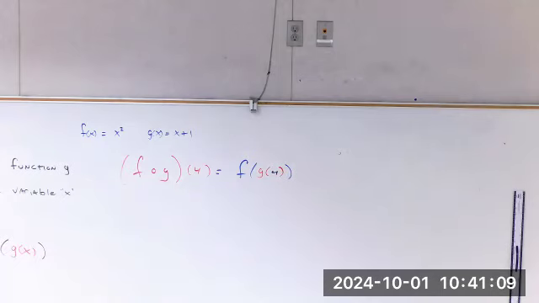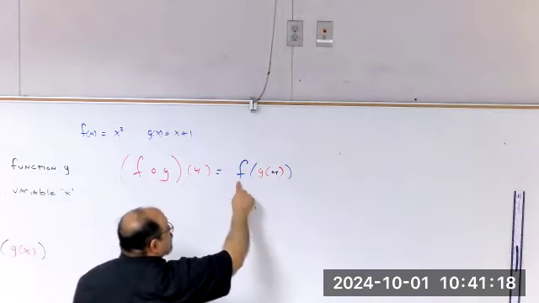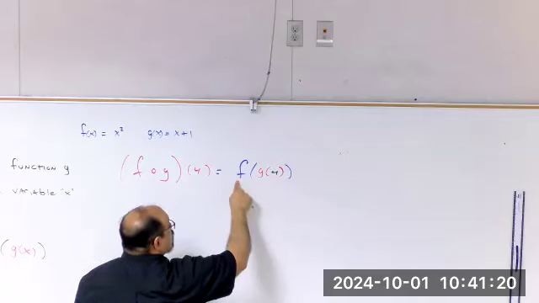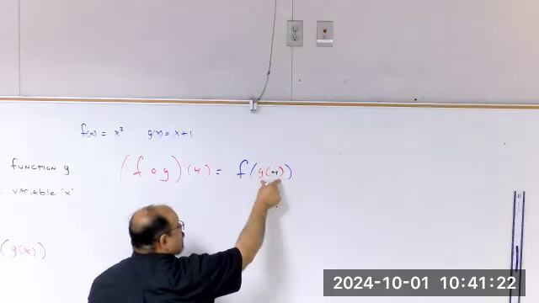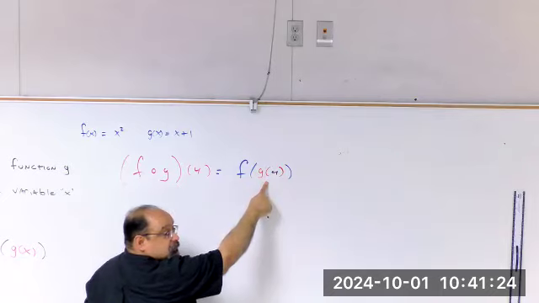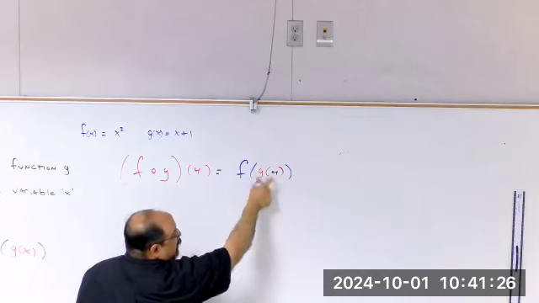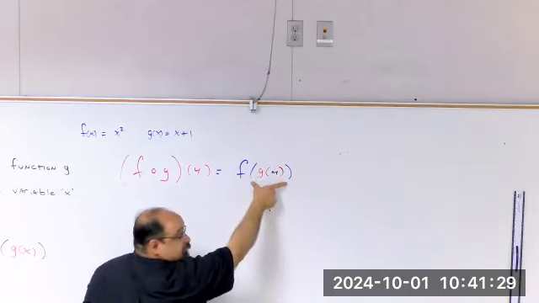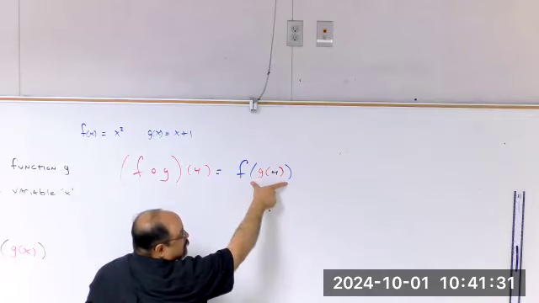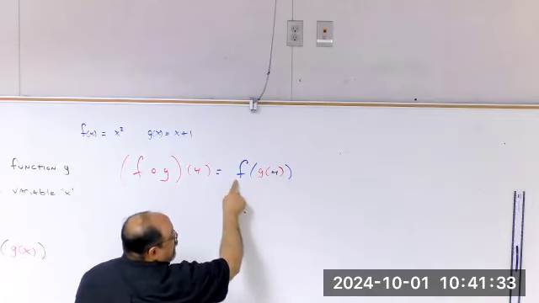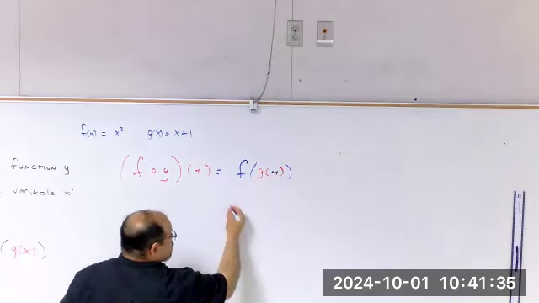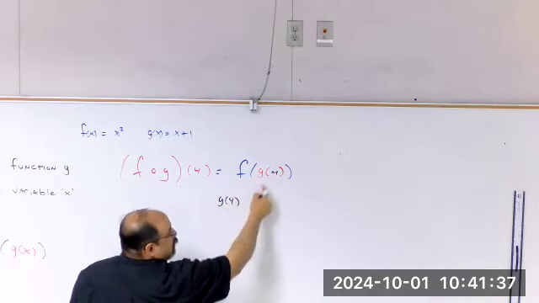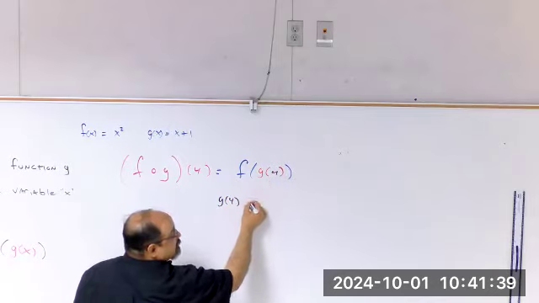Now it's just order of operations. Parentheses first. If I want to plug something into the f function, I better figure this out first. So you start inside. You do what's inside the parentheses first. If I'm going to plug something into f, I've got to figure out what g of 4 is first. You do the inner part first. You work inside out.